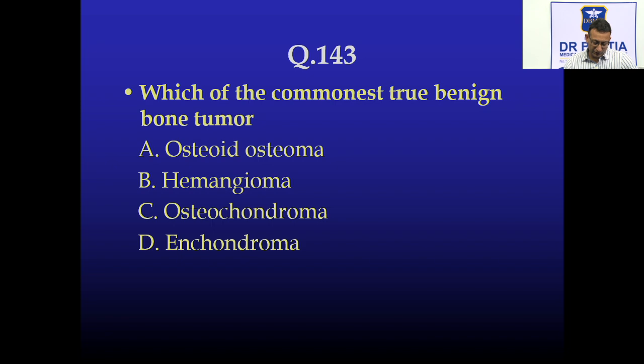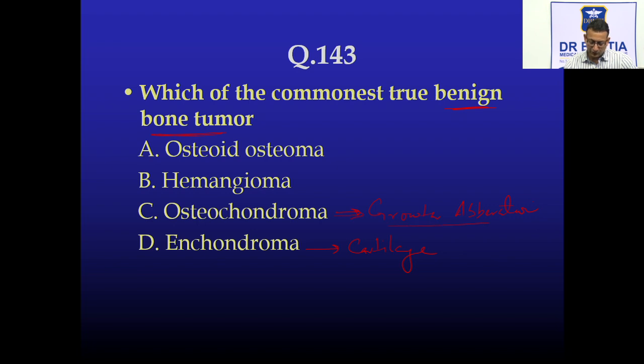So we all know enchondroma is a tumor of cartilage. They are asking for a true benign bone tumor. Okay, osteochondroma is not a tumor, basically it is an aberration of the growth, where part of the physis has separated during the growth period, and it has started developing into osteochondroma.